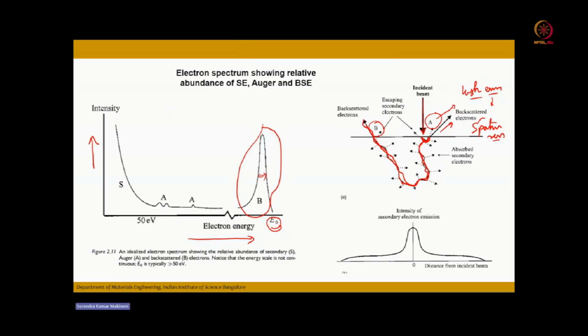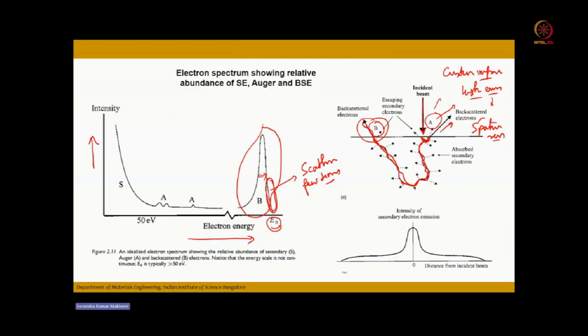The higher energy means that scattering has taken place only a few times. So A has a high spatial resolution, and you will also get crystallographic information. B has lost a lot of energy, so the spatial resolution will be very low. Correct?